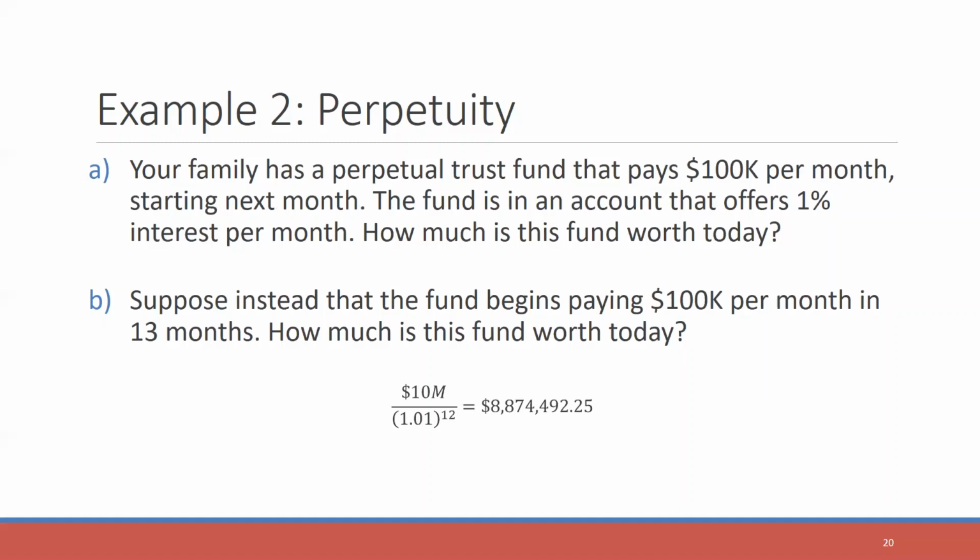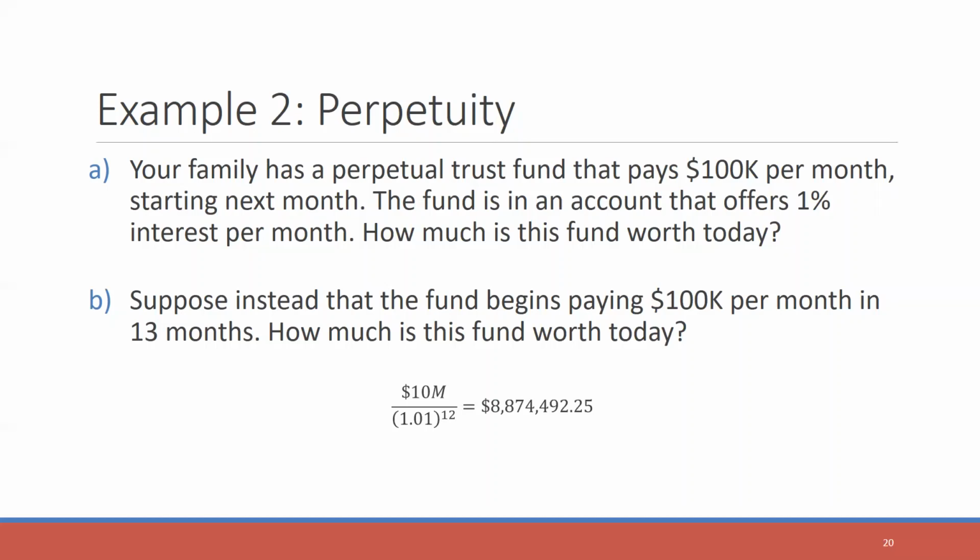Suppose instead that the fund begins paying 100K per month in 13 months. How much is the fund worth today? So what do we do? We take our solution from part A, in which we solved for the present value of that fund, and then we discount it.